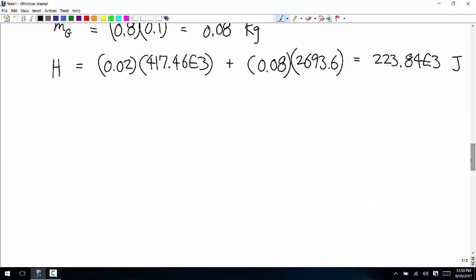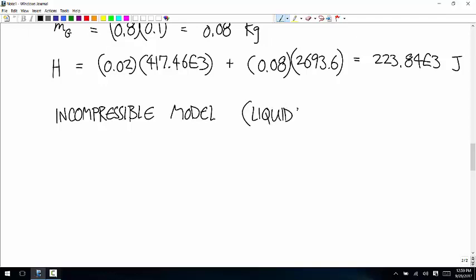Okay, so now, the incompressible model. This will be useful sometimes. It's for liquids and solids.